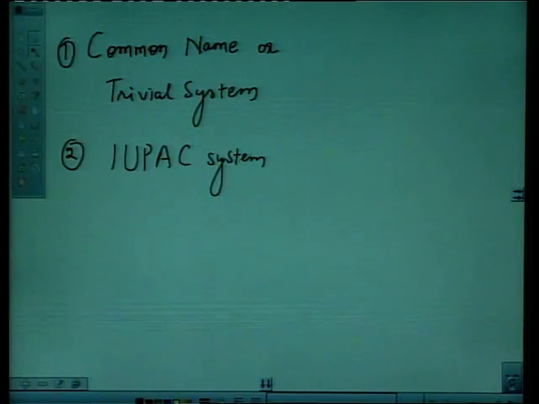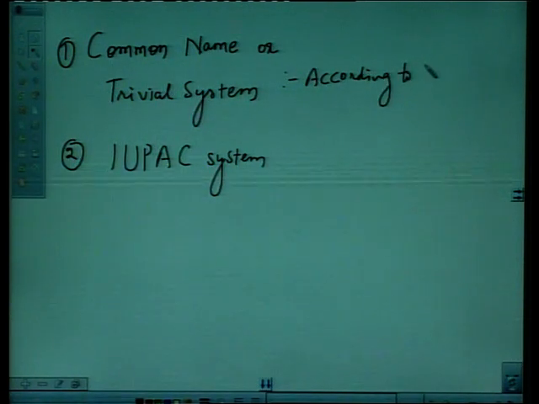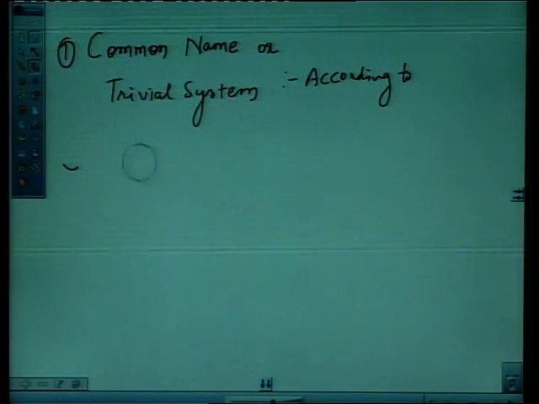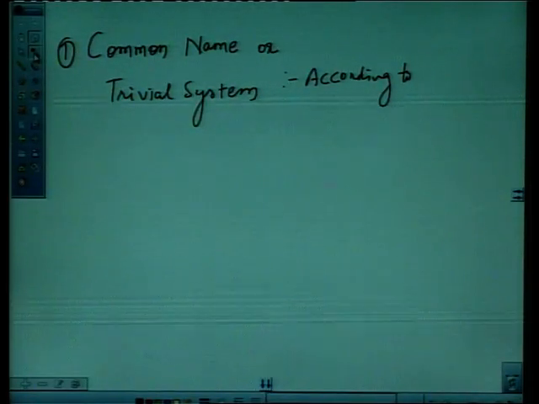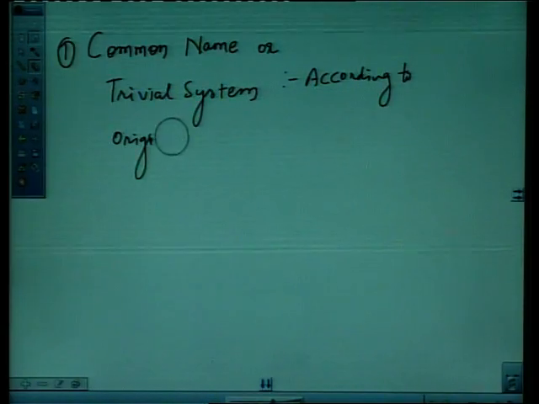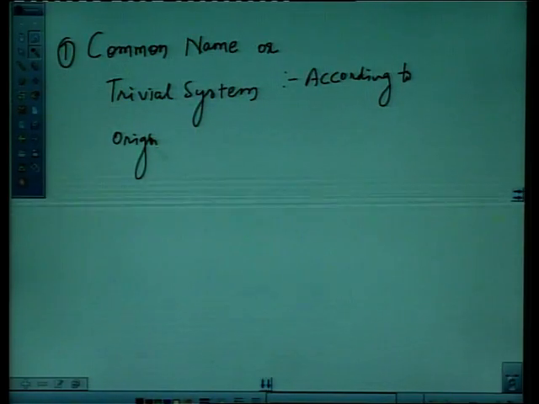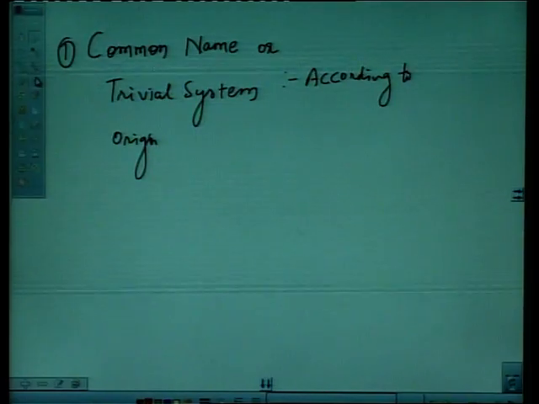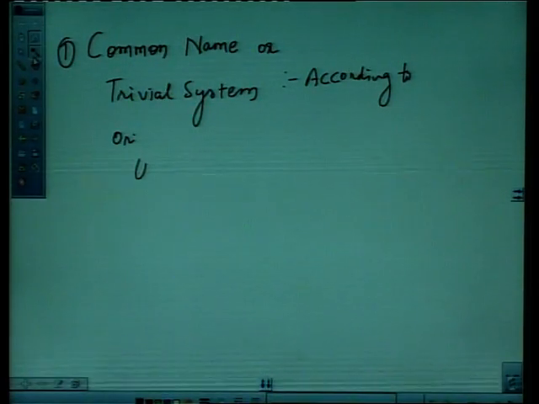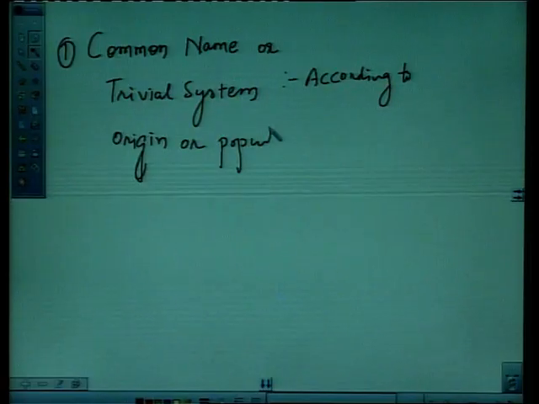So, in the common name system, the name is given according to origin, or it can be a popular name.